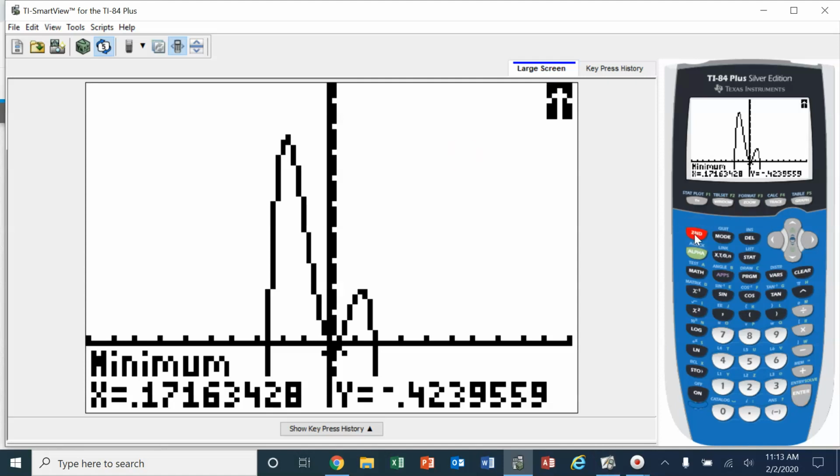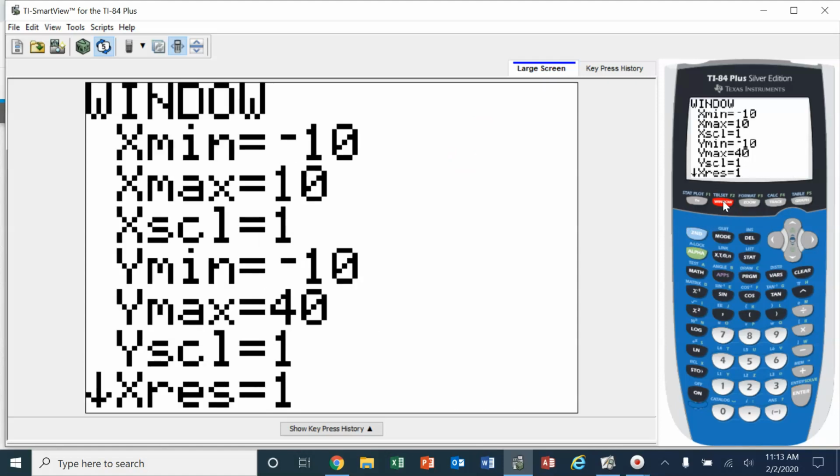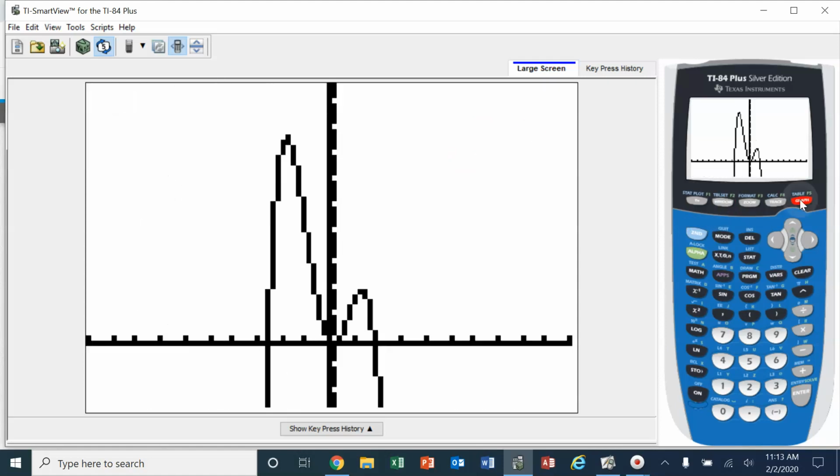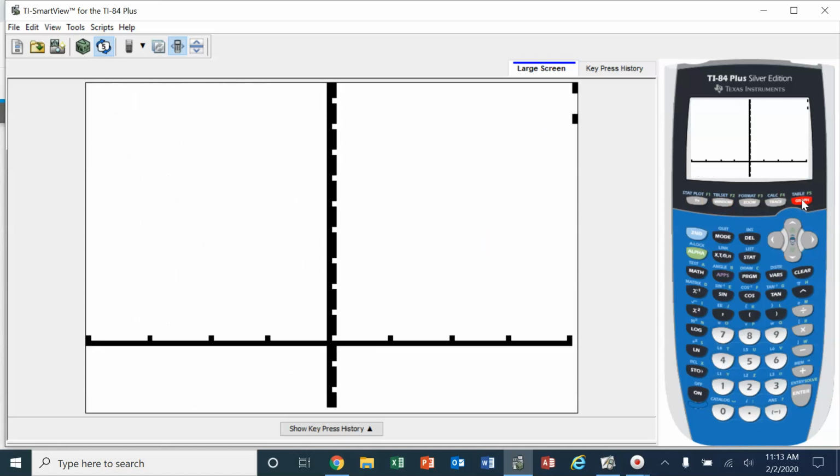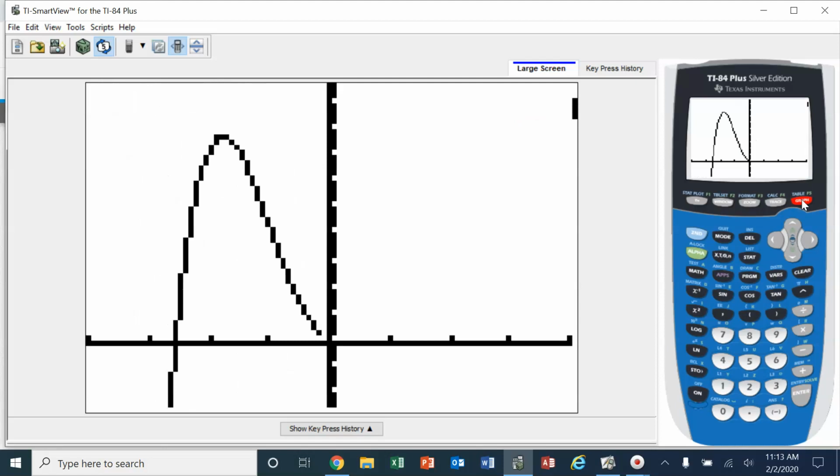So I'm going to go to the window and make my y maximum 4 and my minimum -4. That's going to spread it out just a little bit more so I can see it a little more clearly. Oh, that's much better.